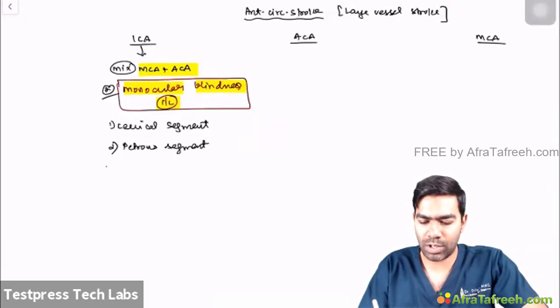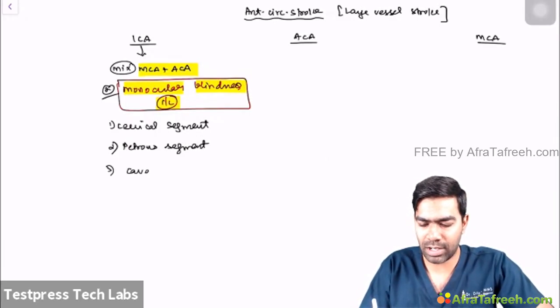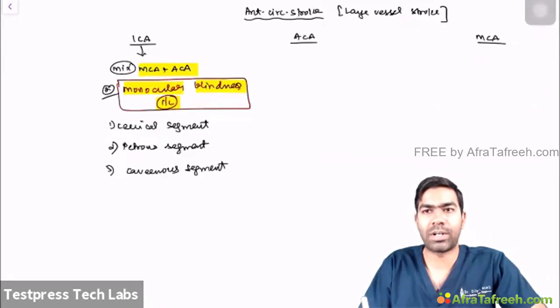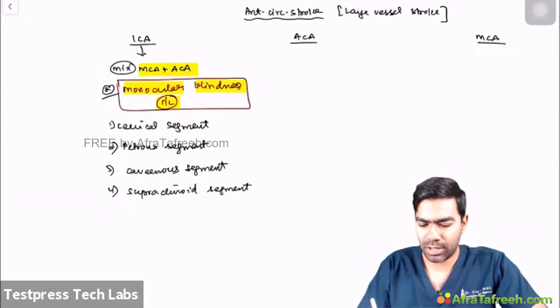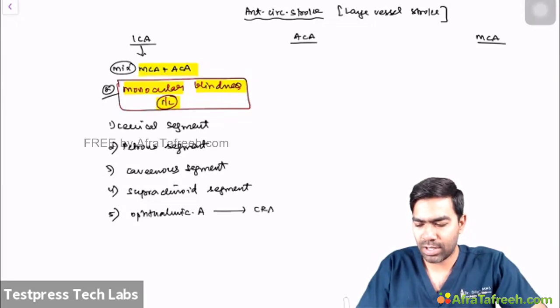Then you have something called a cavernous segment, where the internal carotid artery passes through the cavernous sinus. Apart from the cavernous segment, you have something called a supraclinoid segment. Then you have other divisions, that is the ophthalmic artery, which comes directly from the ICA, and the ophthalmic artery is the one that gives rise to the central retinal artery.